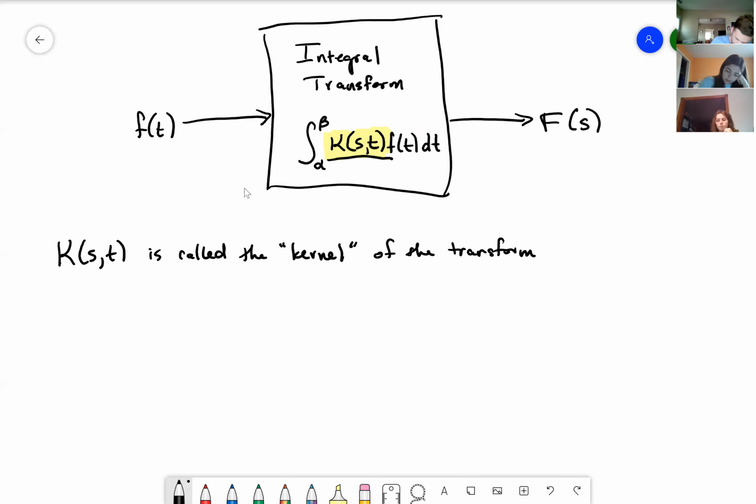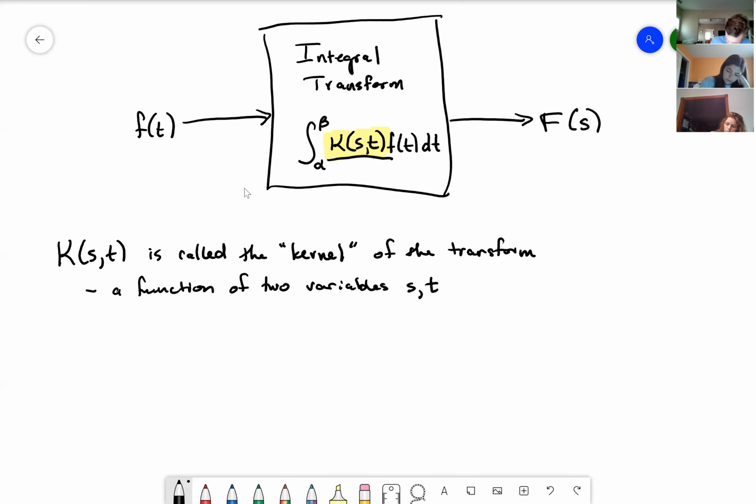And this is what determines how our transform works. It's a function of two variables, s and t.